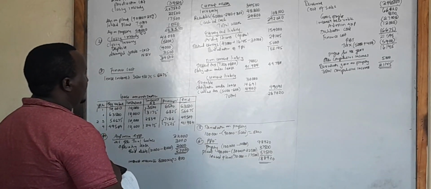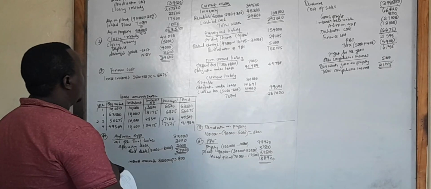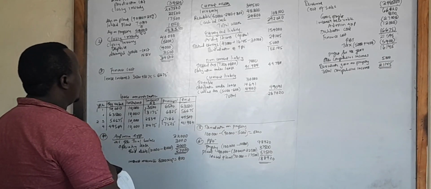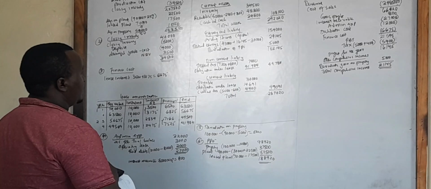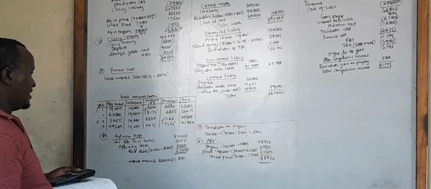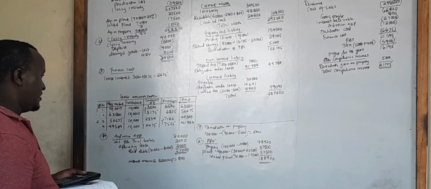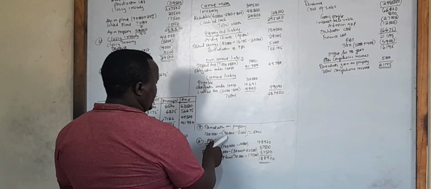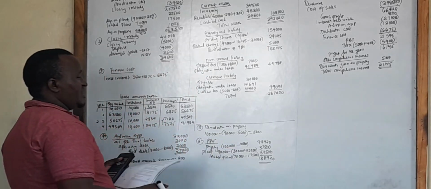So we eliminated it in the closing. It has reduced the closing inventory. Yes, let's just leave it at that. That's where the problem is coming from.